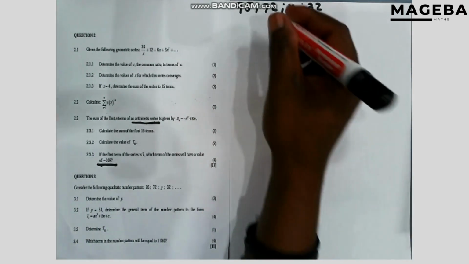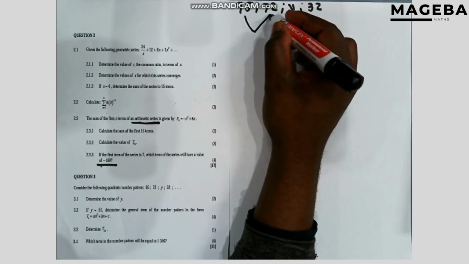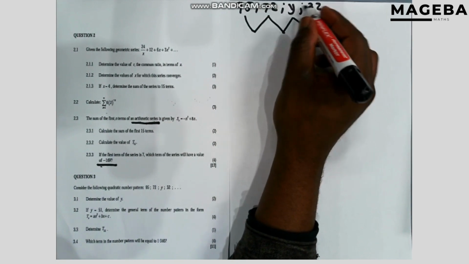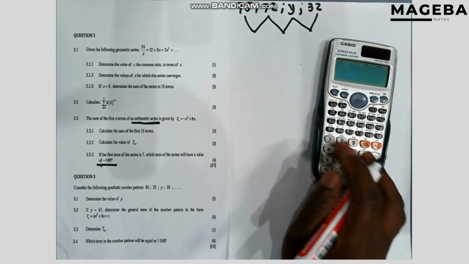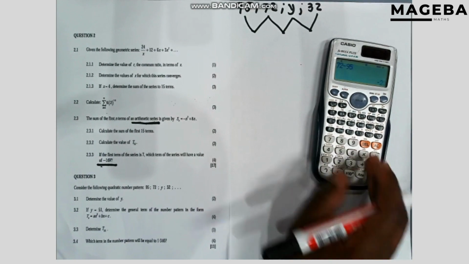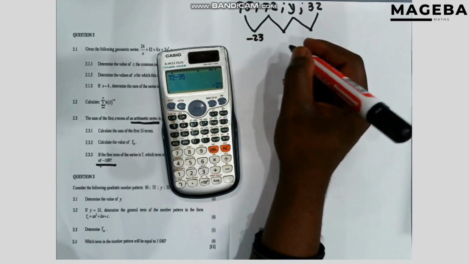To determine the value of y in a quadratic pattern, we have the first difference and the second difference. How do we find the first difference? We take this term minus this term, then this term minus this term, and so on. So 72 minus 95 gives negative 23.